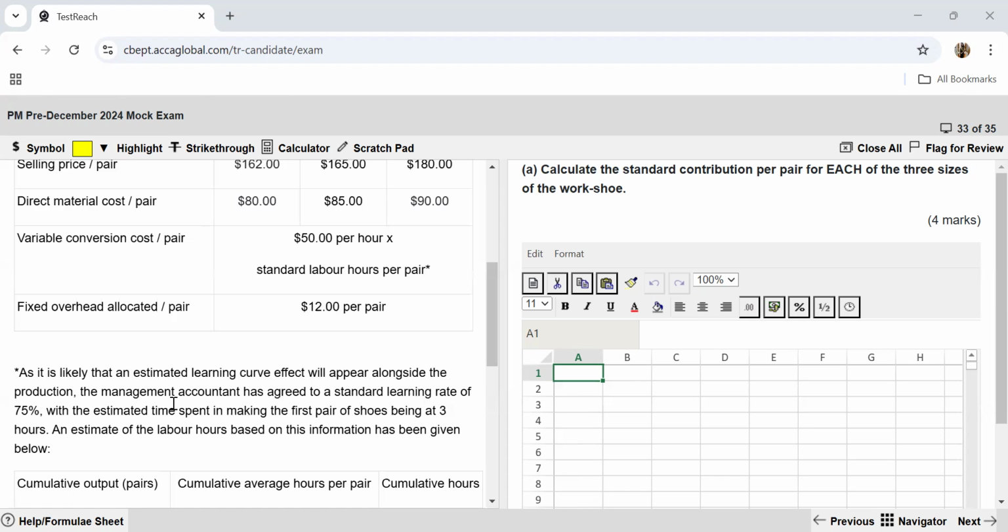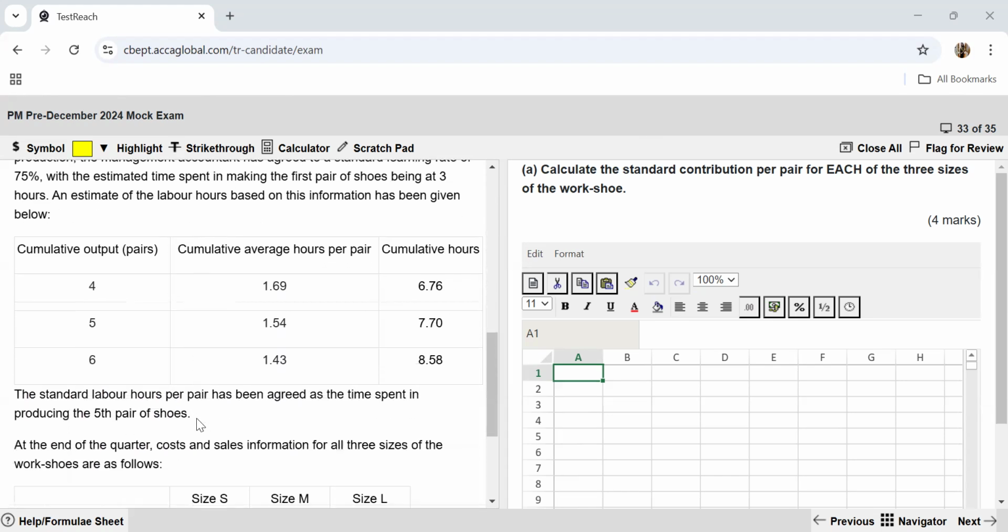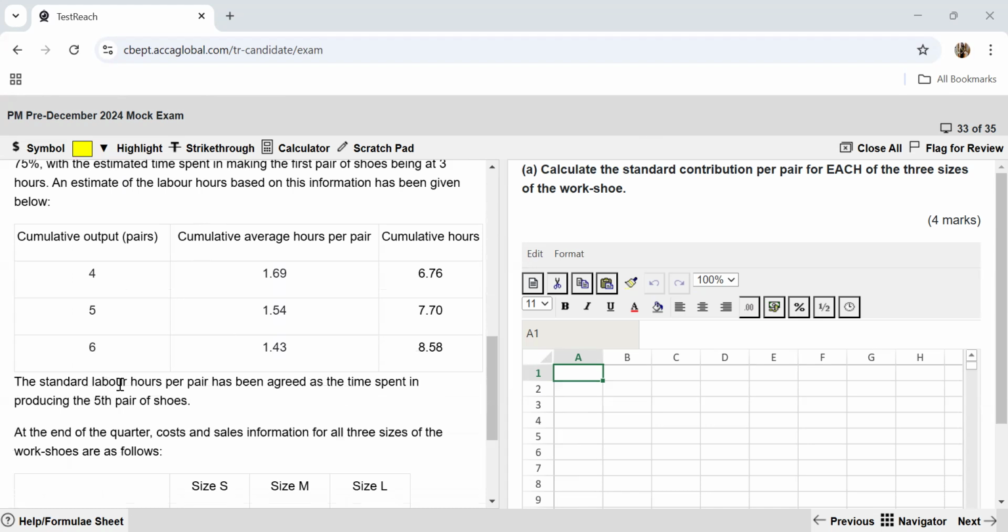Management accountant has agreed to a standard learning rate of 75%, with the estimated time spent in making the first pair of shoes being at 3 hours. An estimate of the labor hours based on this information has been given below. So the standard labor hours per pair has been agreed as the time spent in producing the fifth pair of shoes.